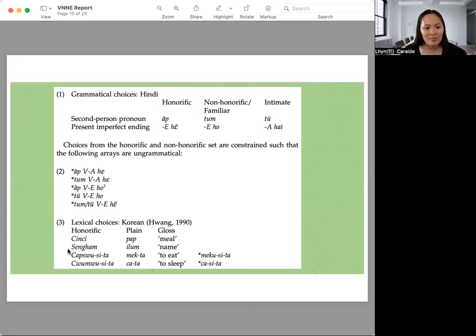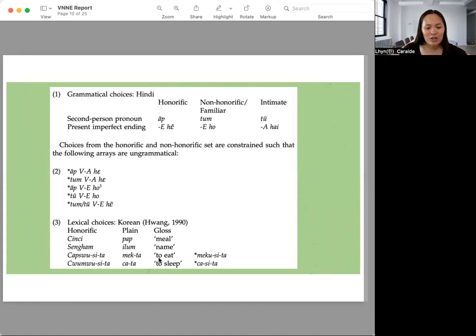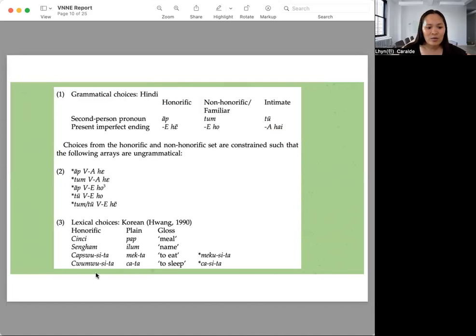And then singham is iram, name, which means name in English. Kapsusita is mekta, mokta, to eat, and then komushita is kata, or to sleep, or Padja.